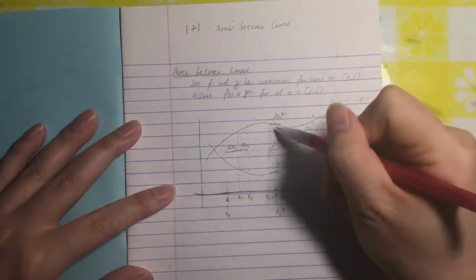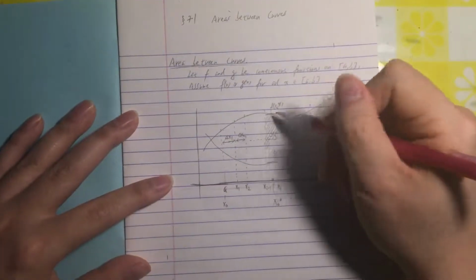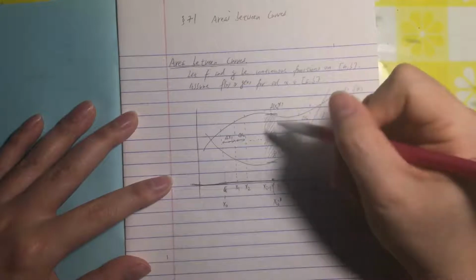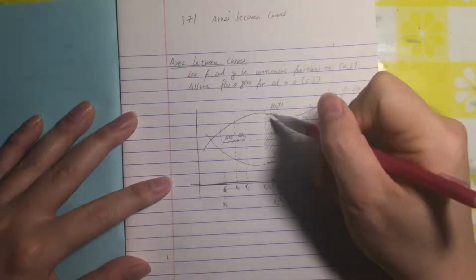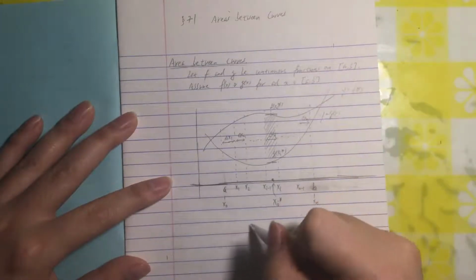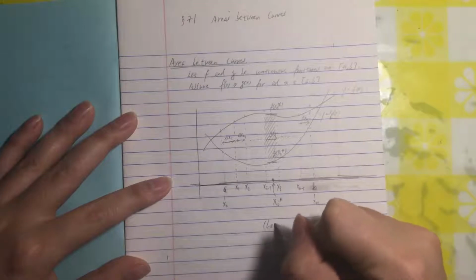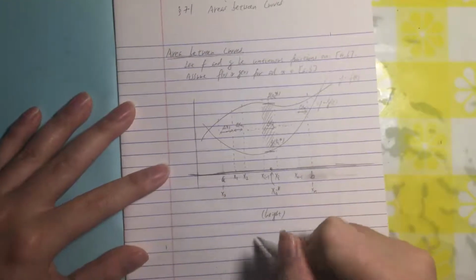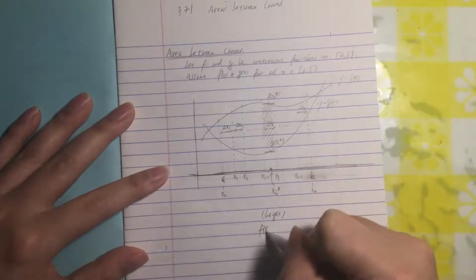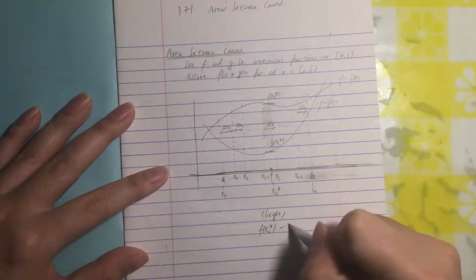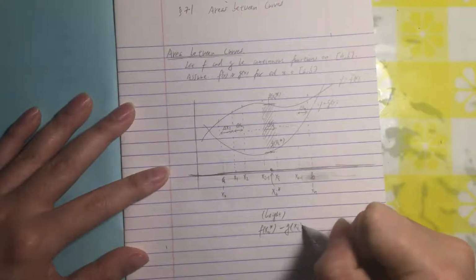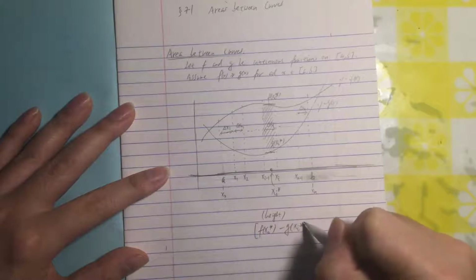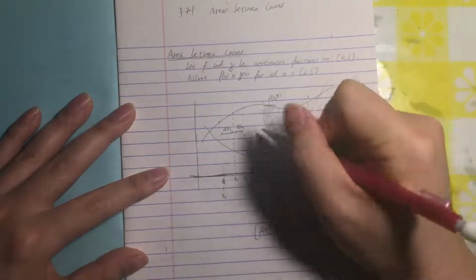Here, for the height of this rectangle, I can use f of Si star minus g of Si star, since f is larger. That's the height of this rectangle.